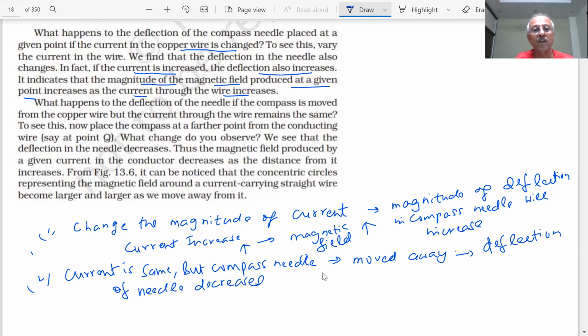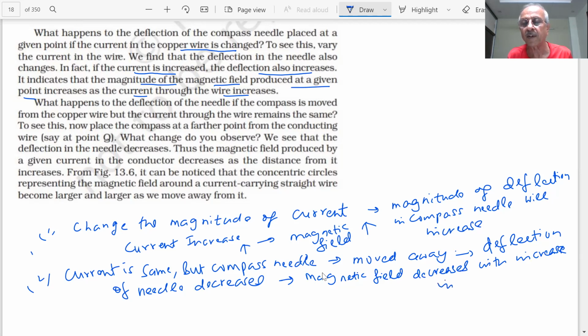And when the deflection of the needle decreases, the magnetic field produced also decreases. So as the distance increases from the wire carrying the current, the magnetic field will decrease. The magnetic field decreases with increase in distance.